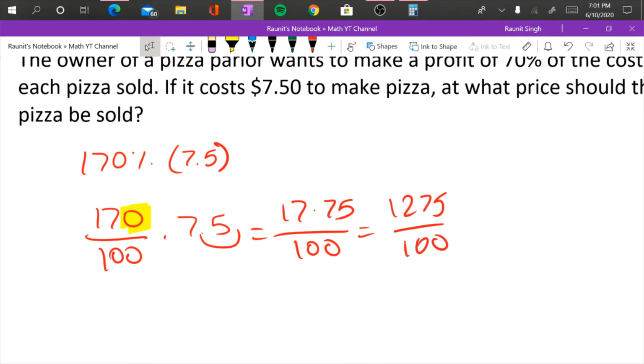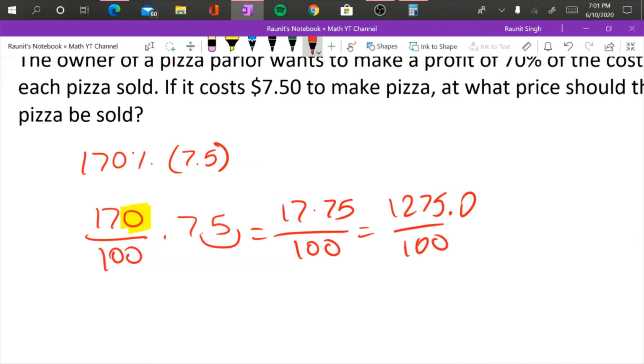over 100. When we have a denominator of 100, or any number with a bunch of zeros, based on the number of zeros, all we have to do is move the decimal point that many times left. Right now it's 1275.0 and so on, but we're just going to imagine that it's like this.